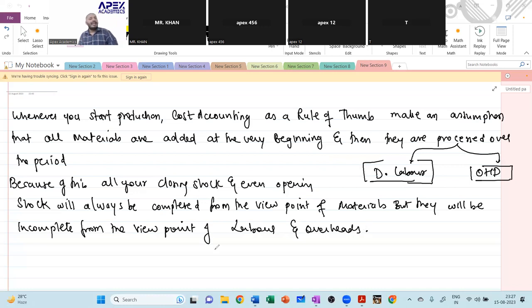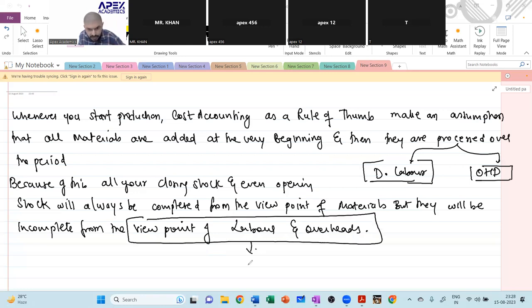It is from the viewpoint of labor and overheads that we use the term conversion.